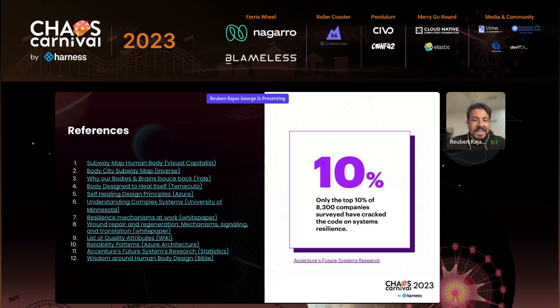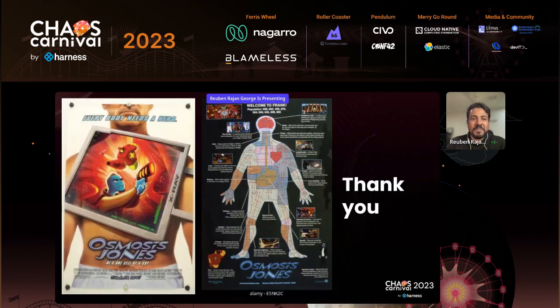And a final takeaway on a lighter note is, I'm not sure if you have seen this when you were a child. This is Osmosis Jones, a 2001 live action animation crime comedy. What's interesting about this movie is this depiction of the human body as one smart city with the mayor and police department.